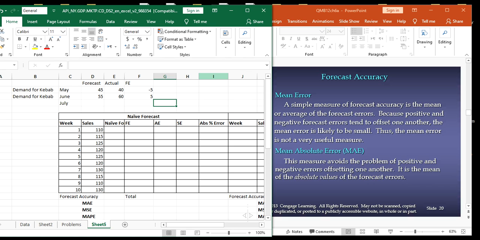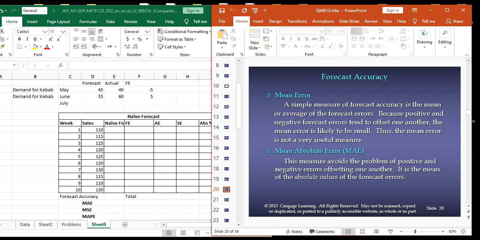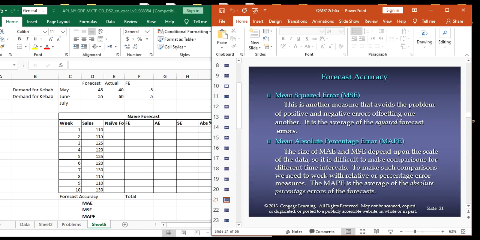Okay, so you take the mean absolute error for a series, okay, and then another method to overcome these negative signs is to square them. Okay, so don't get confused. I'll solve many problems on this, so you understand what we mean by mean error, forecasting error, mean absolute errors and squared errors.